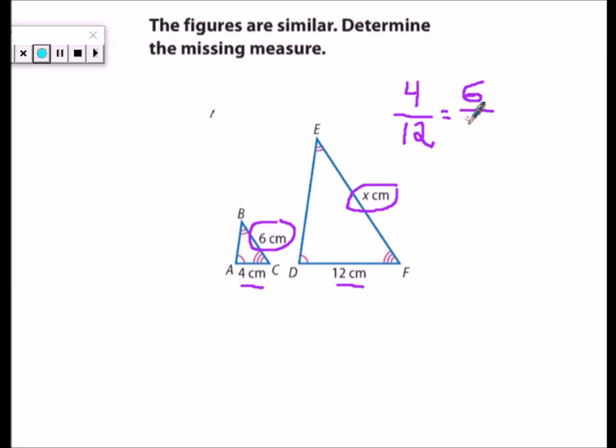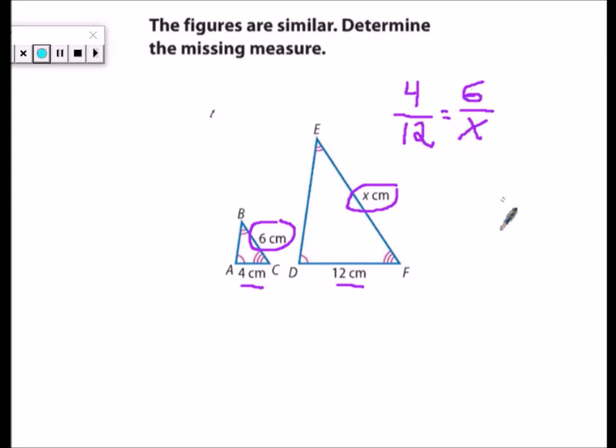Remember, the main thing is to line up 4 and 6 because they came from the same triangle, and 12 and x. You can also set it up with 12 over 4 and x over 6. That should still work. But in this case, we're just going to keep it like this.